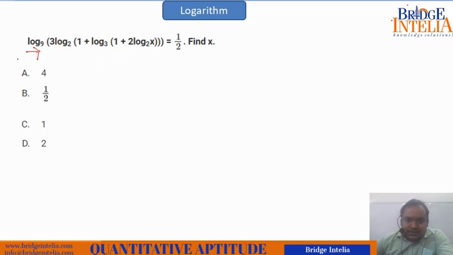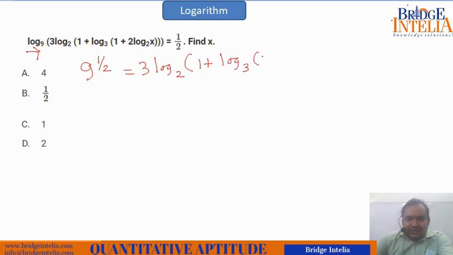So if you remove one log at a time, it means 9 raised to the power half is equal to 3 log 2 [1 plus log 3 into 1 plus 2 log 2x]. So you are removing one log at a time.